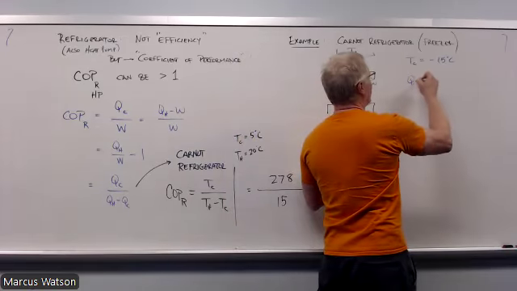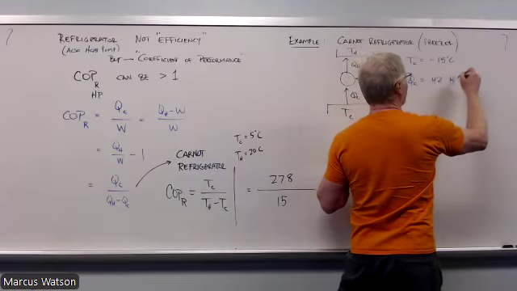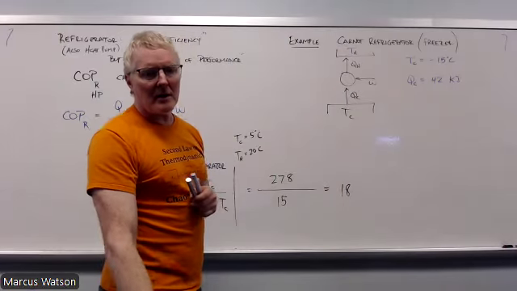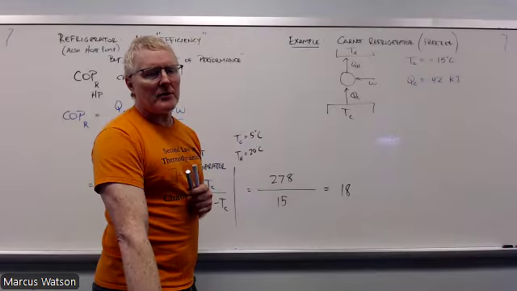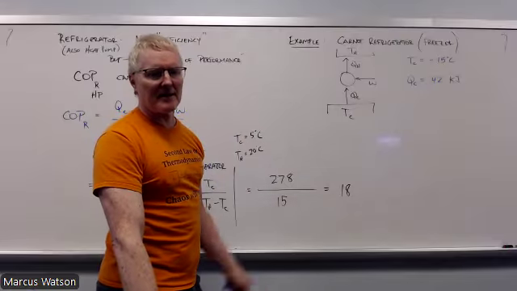Let's suppose that QC is 42 kilojoules. Maybe you could think of that as happening during each cycle or something like that.